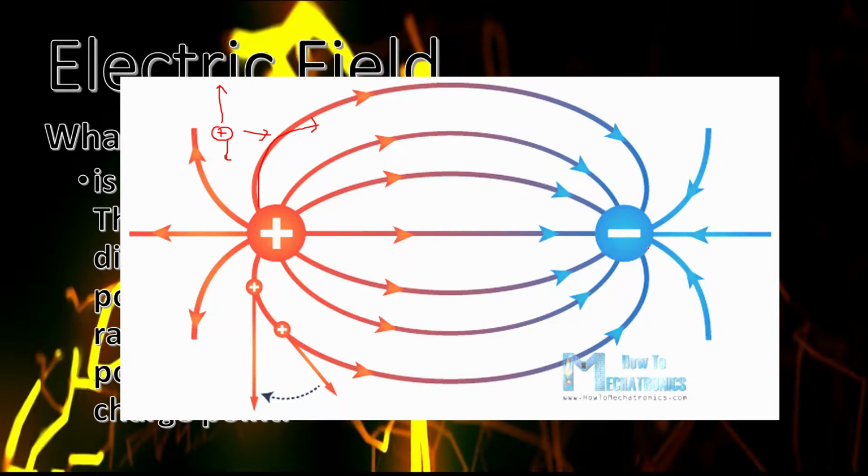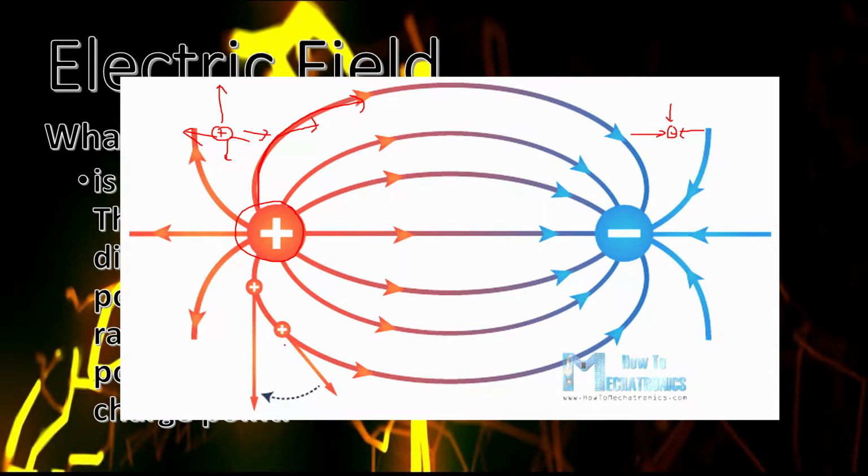But if it's paired with another charge which is negative, it will create these curved lines, making it a dipole. So a positively charged point goes outward, and a negatively charged point goes inward.